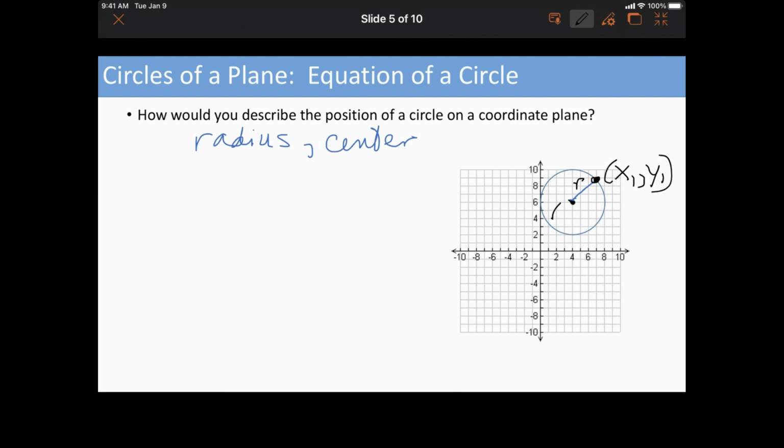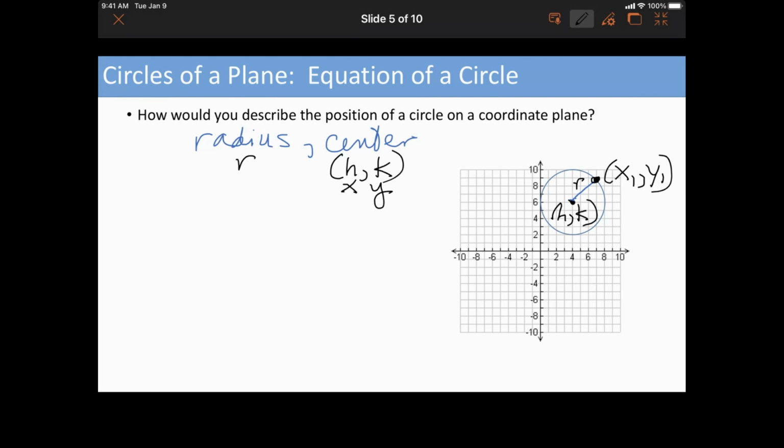But because the center is special, I'm going to use different letters, h and k. So radius is r and the center is (h, k). h is the x value and k is the y value. These are standard variables that we use when talking about the conic sections. You may have seen them with parabolas.